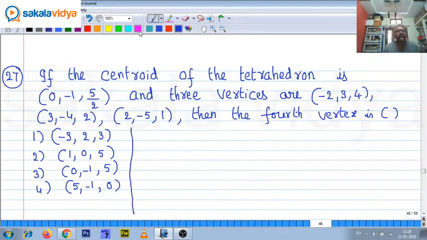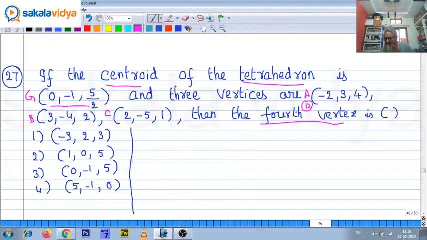So now the centroid of the tetrahedron is 0, -1, 5/2. The centroid is given. This is G. Vertices A, B, C are given, and we need to find the fourth vertex D. So D equals 4 times centroid minus A plus B plus C. This is the formula.